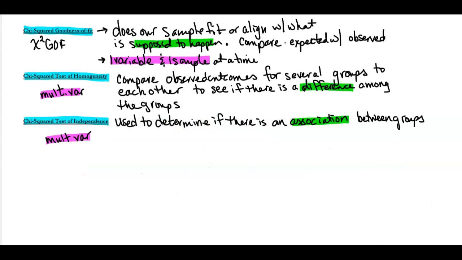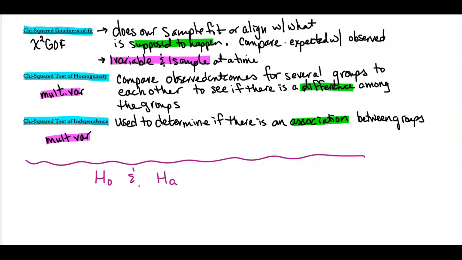Okay, so what we're going to do now is give an example of the Ho and the Ha, because you still have to write Hos and Has, right? And there are three different ones. There's the goodness of fit, there's the homogeneity, and then there's the test of independence. What's nice is that these don't really change.